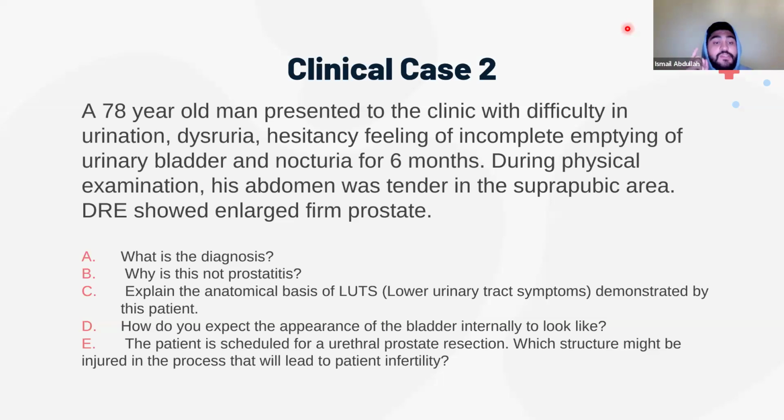This residual urine is going to trigger the trigone. The trigone works like a level sensor: is there urine or not? So there's urine in the bladder, and it triggers the feeling that you need to go and empty your bladder, this urinary urgency.